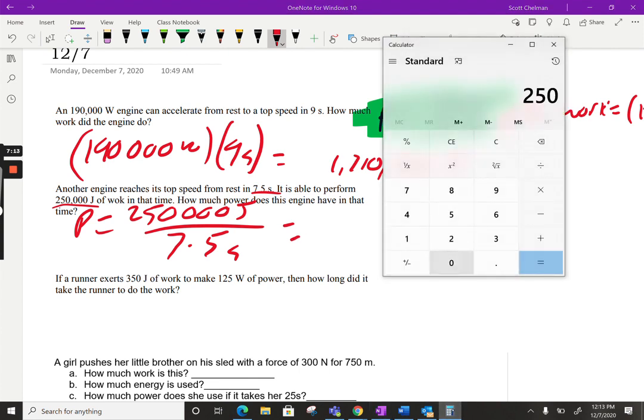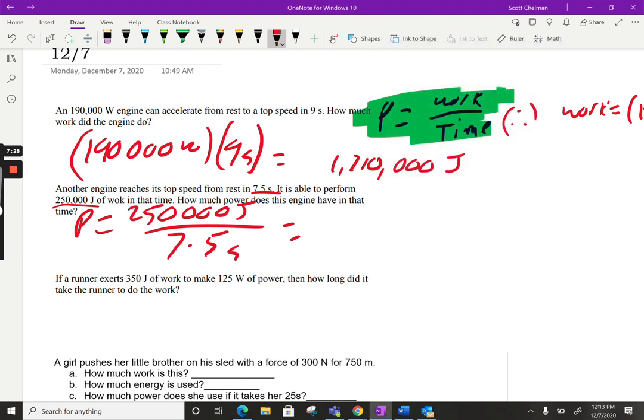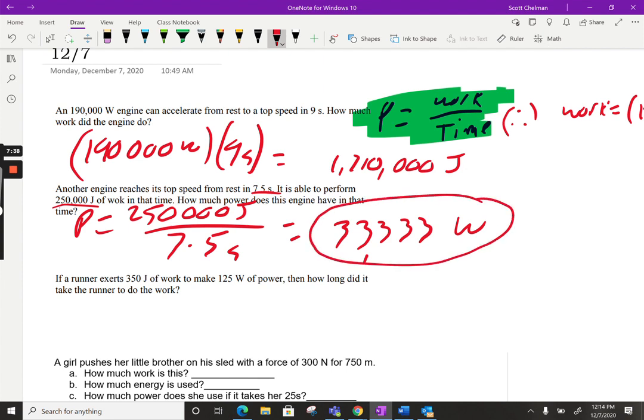That is 33,333-ish. Lots of threes. Watts.